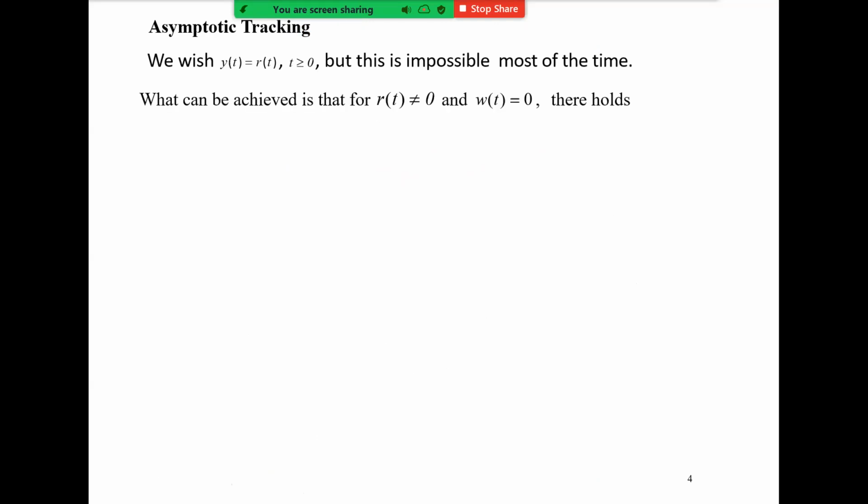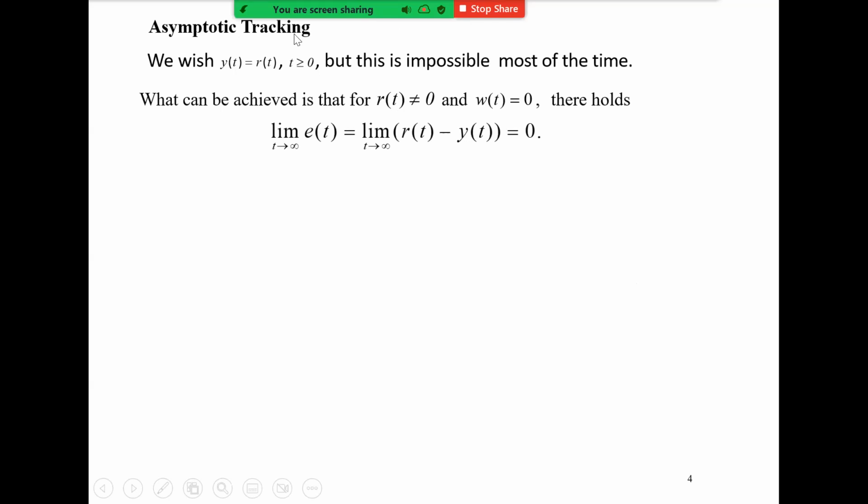So what we want to achieve instead is, I don't want the output to follow the desired output immediately, but at least I want the output to follow this desired output when time t goes to infinity. Mathematically we say goes to infinity; in reality, it just means after a while, the difference will be very small.